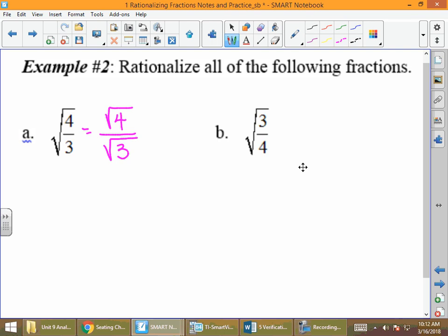Can we simplify anything in this? We can simplify the 4. The square root of 4 is 2. I'm going to write it underneath there because I need some space. So this is 2 divided by the square root of 3.